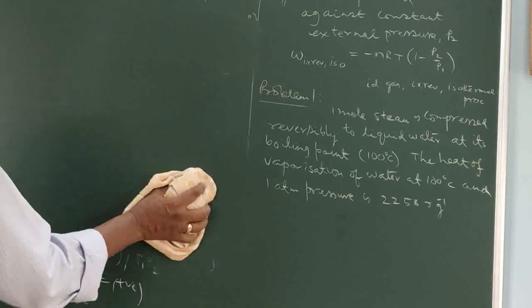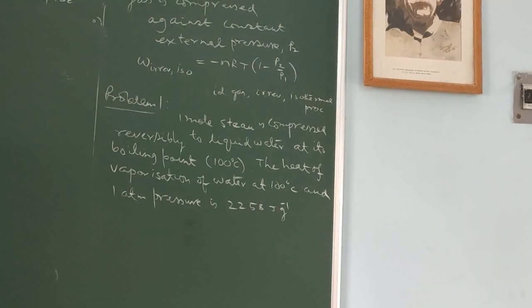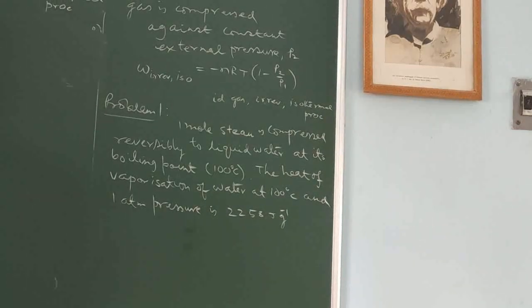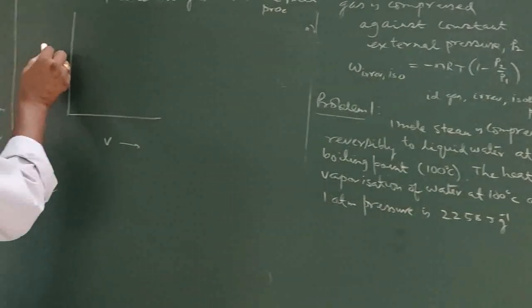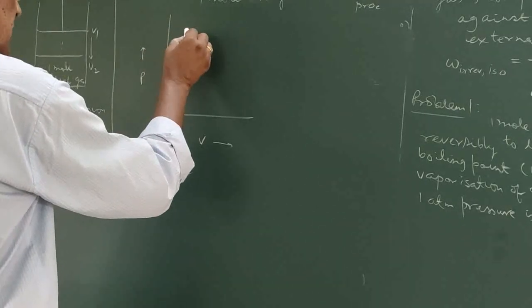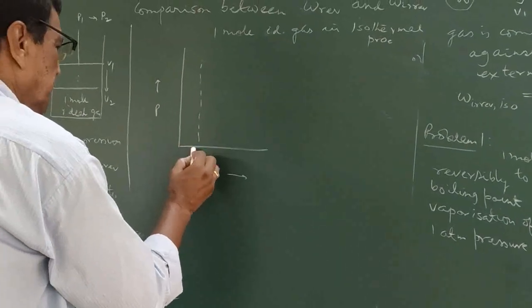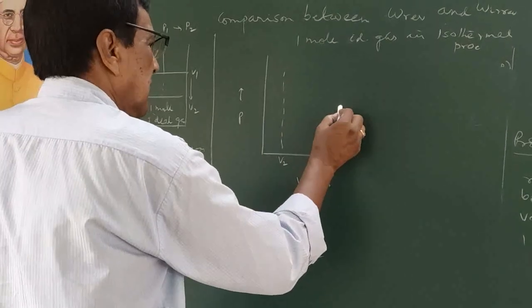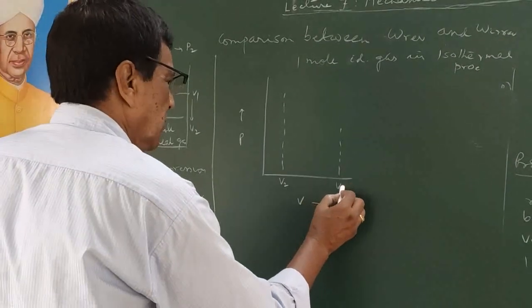Indicator diagram. Say this is the volume and this is the pressure, and this is V2, final volume, and this one is V1.